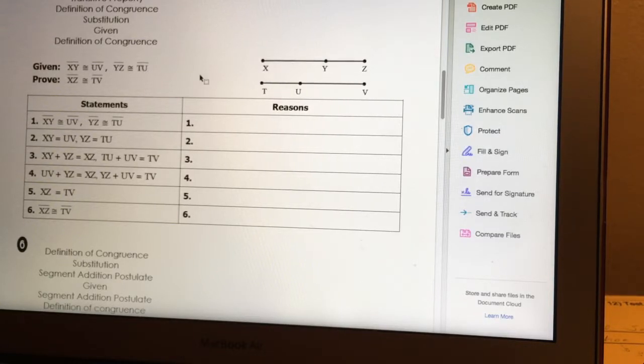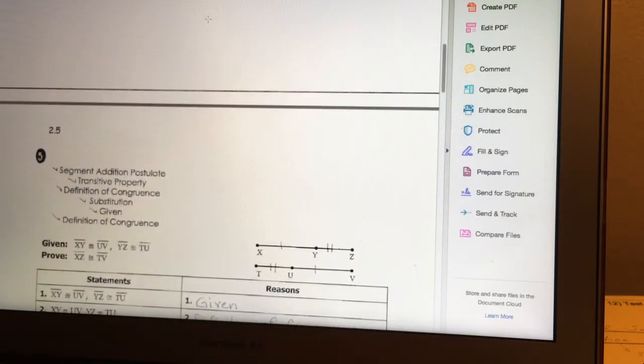So if those are congruent, and we want to prove that XZ, the whole thing, is congruent to TV, the bottom whole thing, that's our goal. So the first statement, the reason why we're able to say that is because it was given.